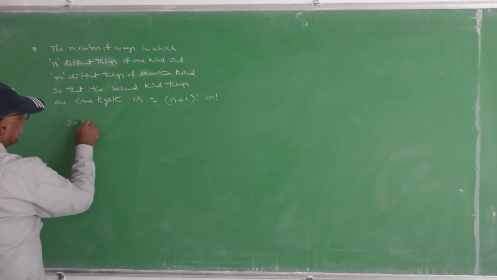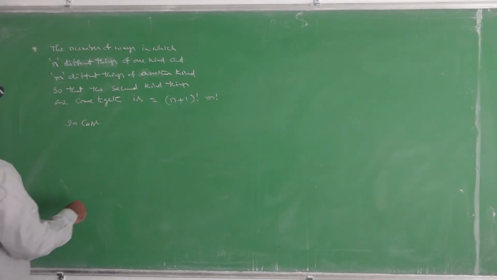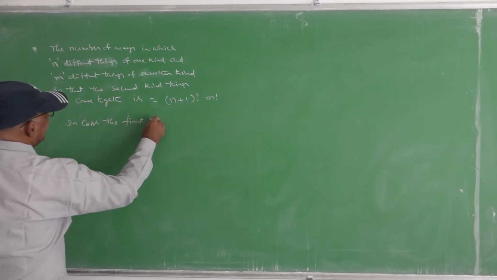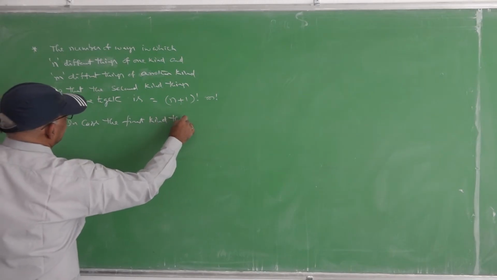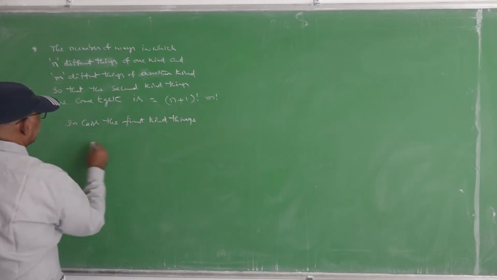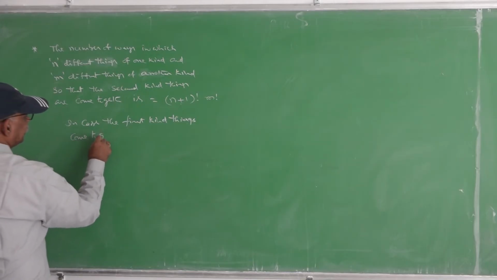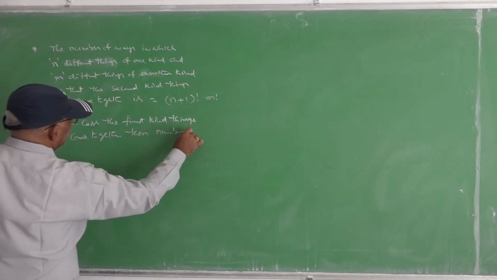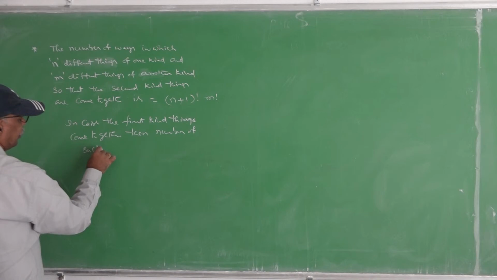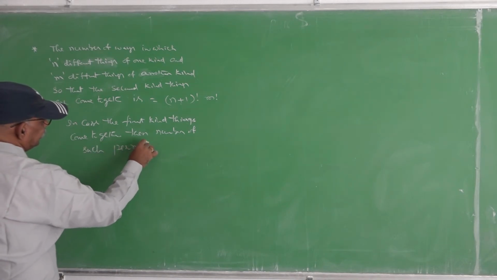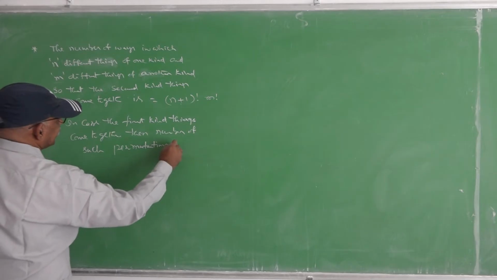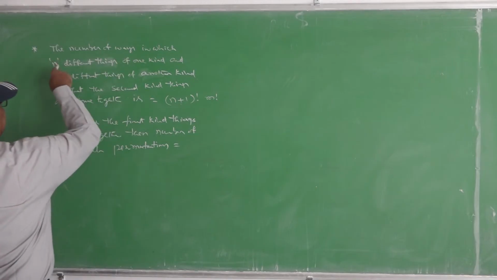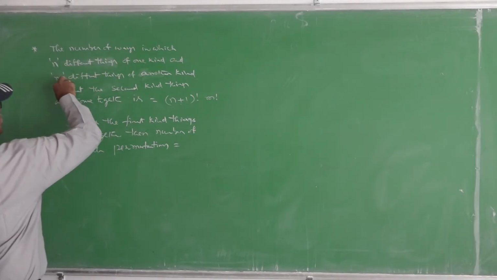In case the first kind things come together, then the number of such permutations is equal to: choose these n different things as one thing and arrange the total number of things.